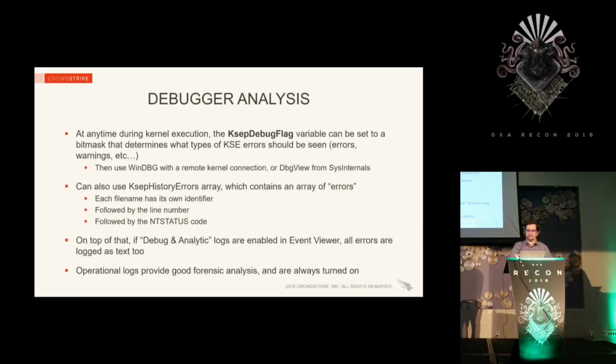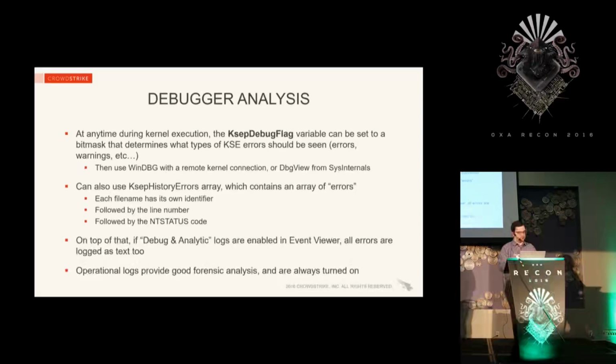And if you set ksep debug flag to a mask, you can then see all errors, all warnings, any information from the debugger, the kernel debugger, the kernel shim engine, because KAC has debug prints everywhere. It even has an array called ksep history errors, which contains an array of all the errors. And you get the file name and the module ID and the status code where an error happened.